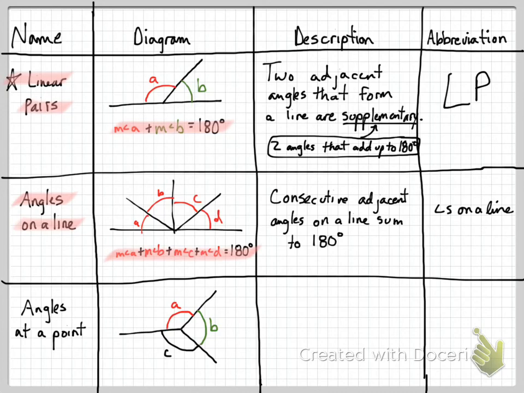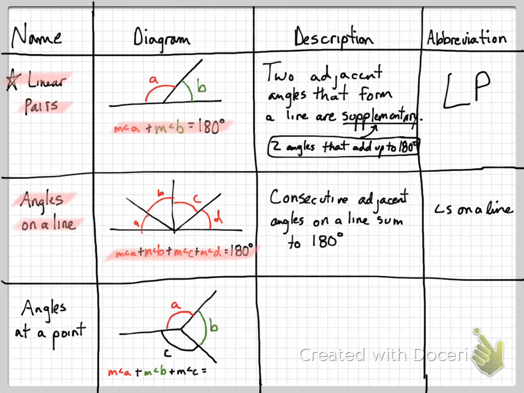And the basic idea with this is that the measure of angle A plus the measure of angle B plus the measure of angle C equals, well, what is this all going to equal? 360. Now we're going the entire way around a circle.